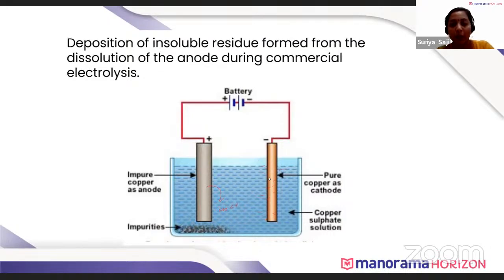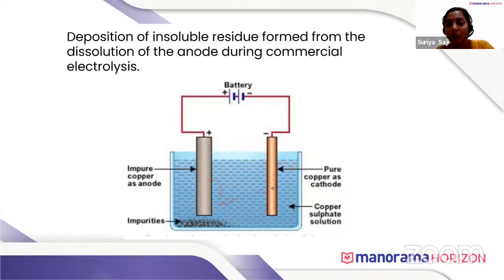I'll tell you that anode and cathode are electrodes. Here we need to note the differences between electrochemical cells and electrolytic cells.